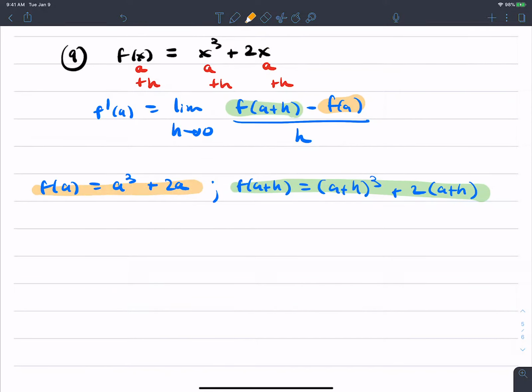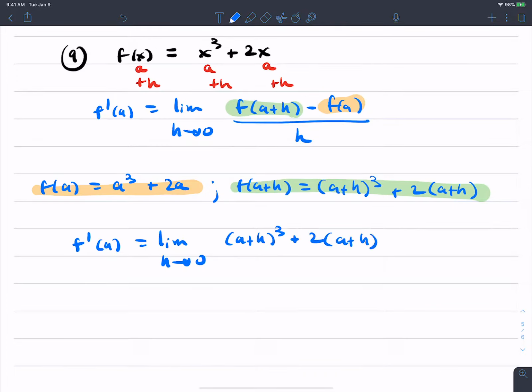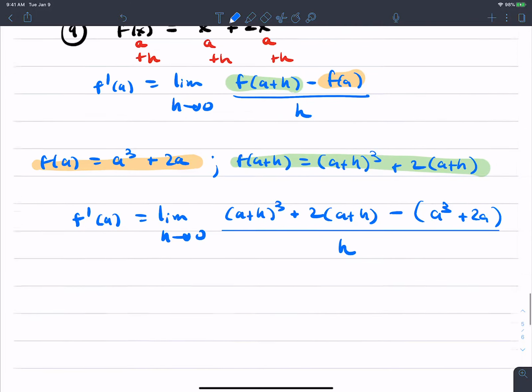So you're going to plug that in. So f prime of a is the limit as h goes to 0 of a plus h cubed plus 2 times a plus h minus the quantity a cubed plus 2a, everything over h.